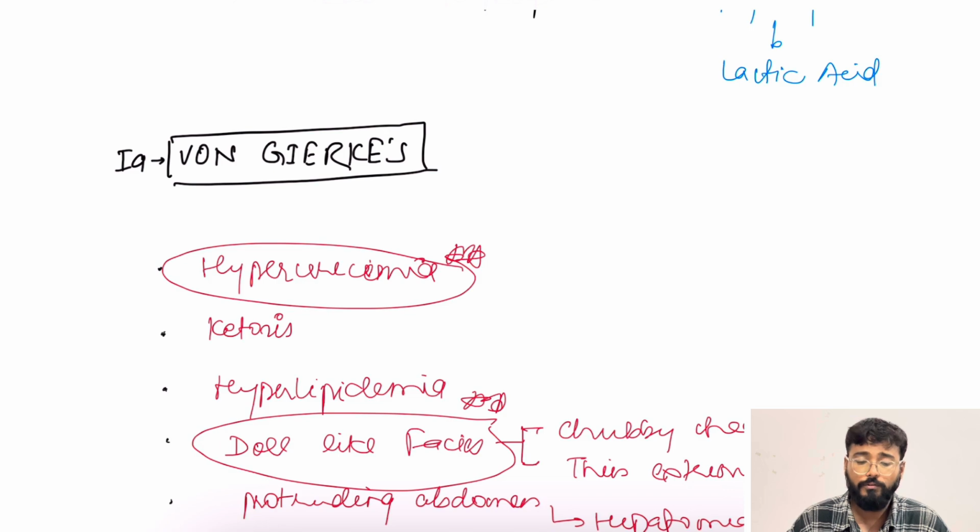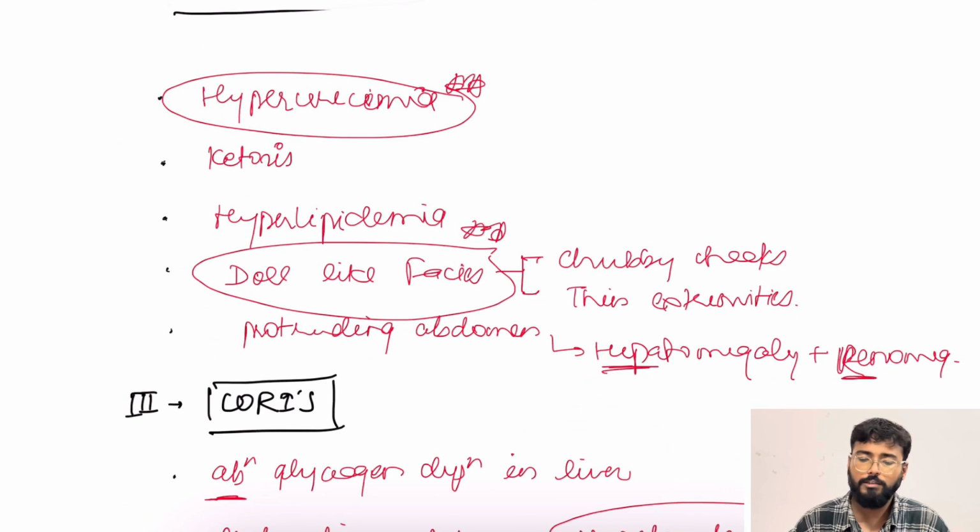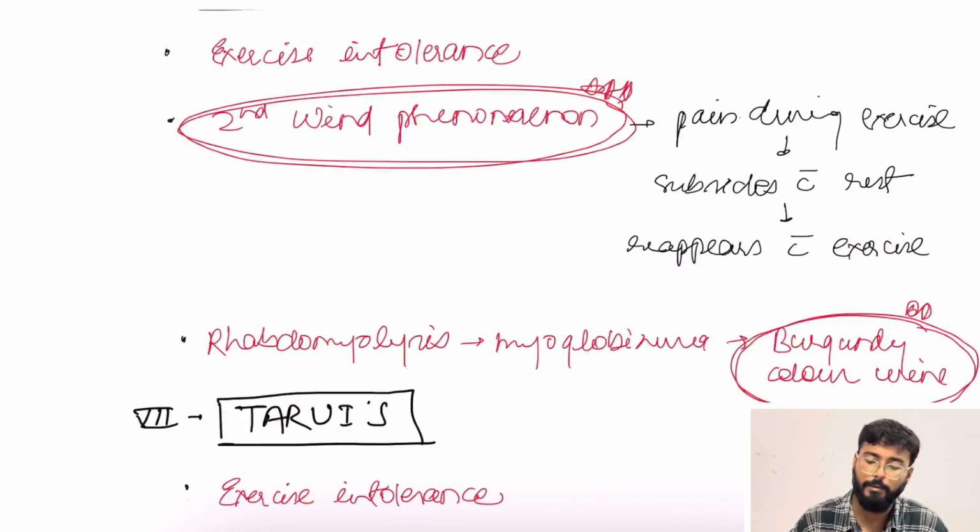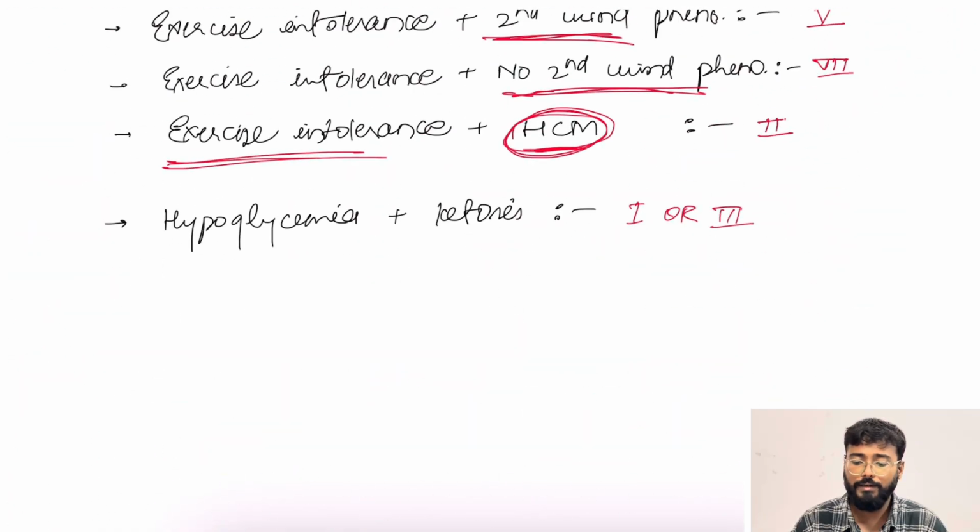Because in case of von Gierke's, there must be some other features, like hyperuricemia, doll-like faces, the chubby cheeks, or hyperlipidemia. You will also see these features. So you can easily eliminate the other one, and if they are not given, it's going to be the third one. And if it is von Gierke's, along with ketosis you will definitely see the other clinical features.